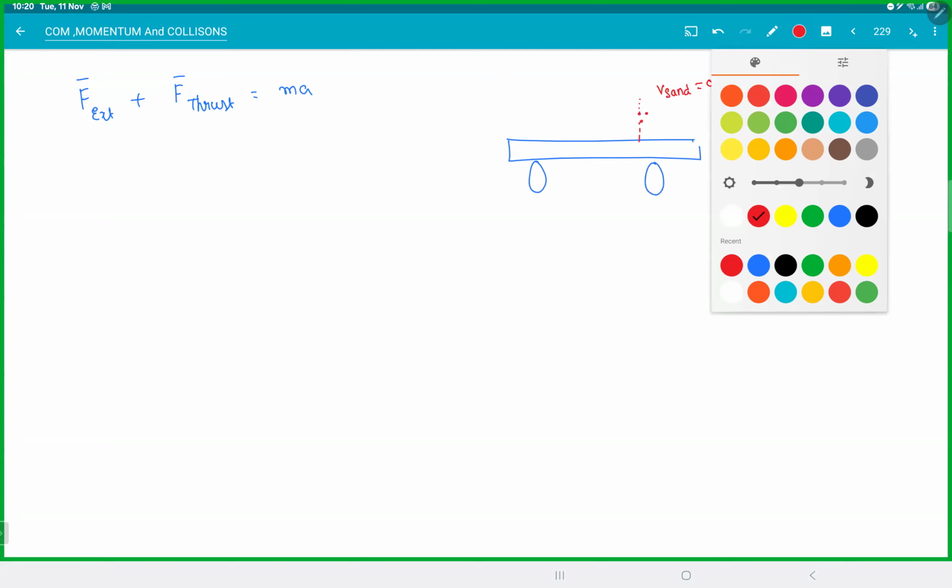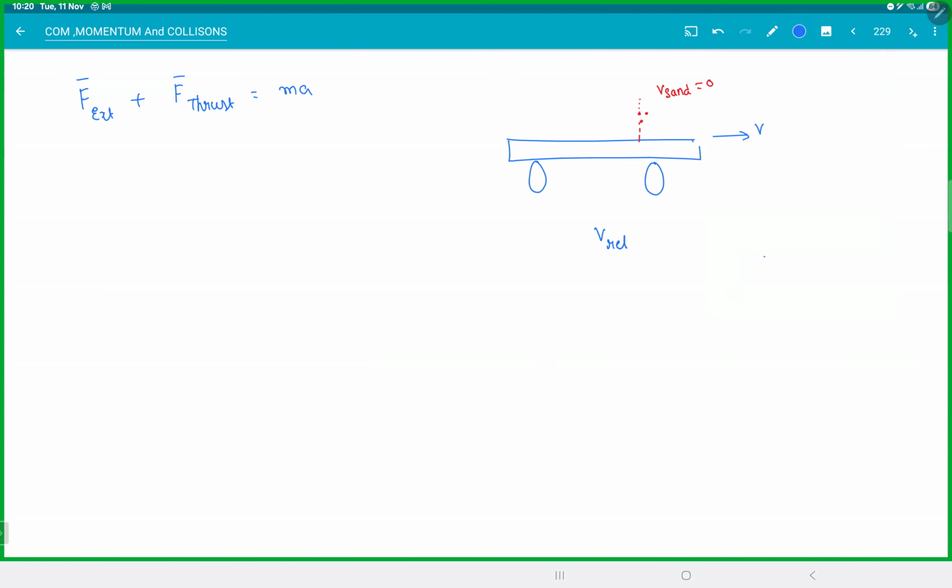That's sticking. So what is the V relative? The velocity of the sand with respect to the trolley is minus V, where V is the velocity of the trolley. If you stand on the trolley, you will think the sand particles are actually going backward, isn't it? In the previous question, both had the same speed. Are you getting the difference between both of them? So here V relative is not zero.